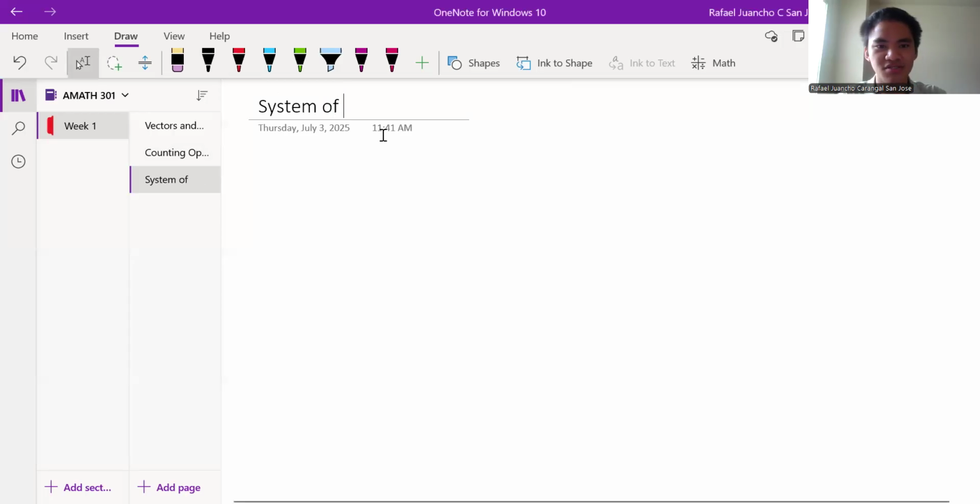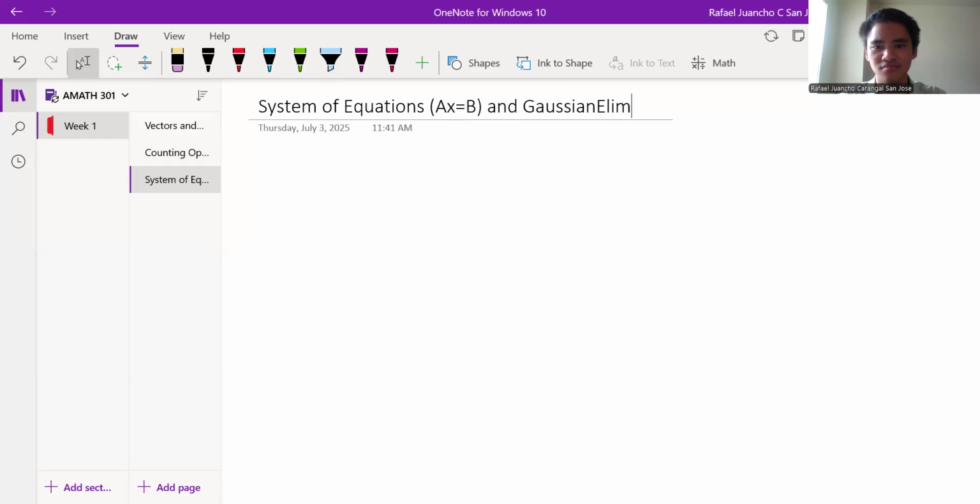I'm just going to type it out. Systems of equations: this idea of Ax equals b, and Gaussian elimination. We're going to apply what we learned from vectors and matrices in order to do that.